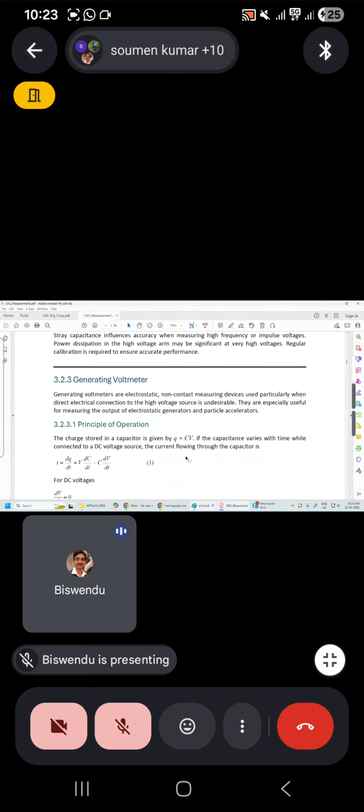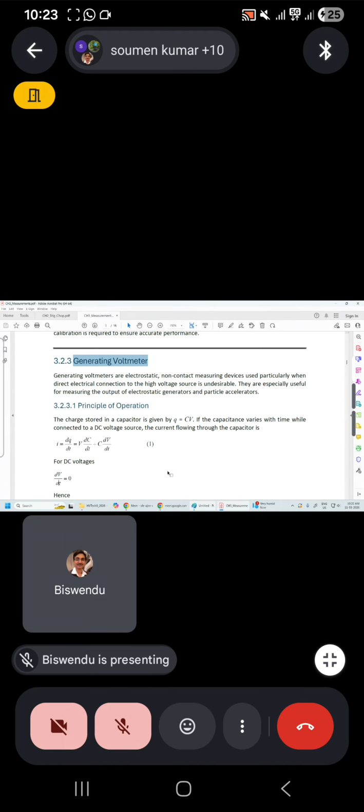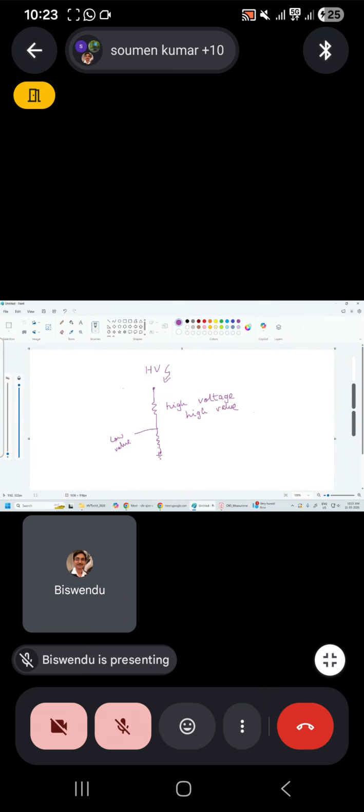And next, what is very important is the generating voltmeter. Now you tell me, suppose there is a plate which is at very high potential, say 100 kilovolt.